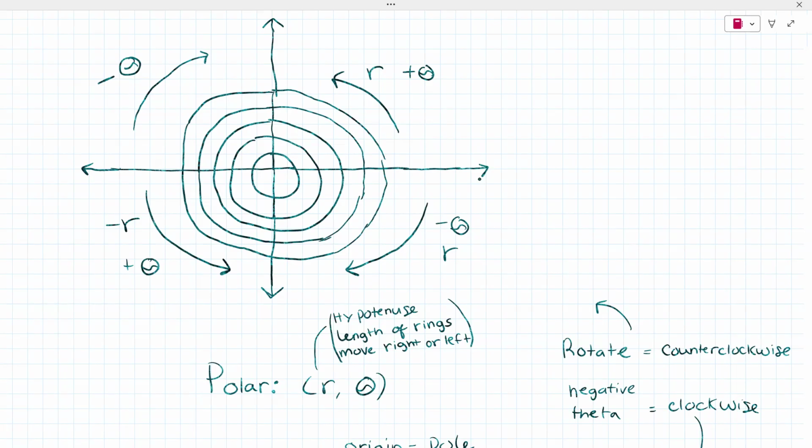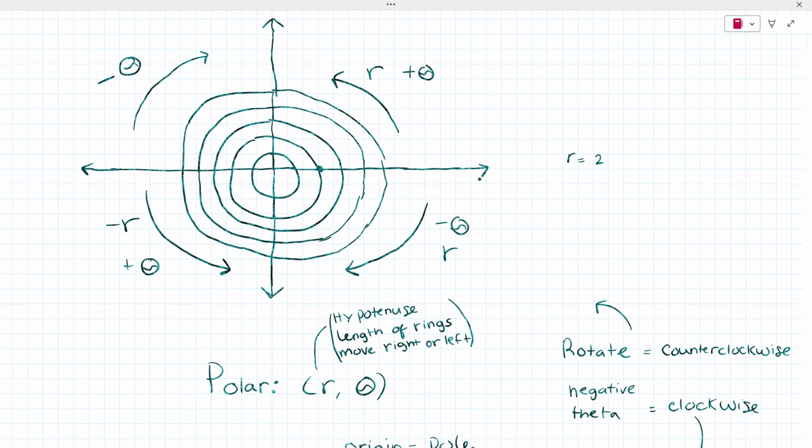So if it's positive, like let's say your r was 2, that means you're going to go 2 rings to the right. So you'd be right here, right? And then your theta is either going counterclockwise or clockwise. If it's positive, you're going to go counterclockwise. If it's negative, you're going to go clockwise.